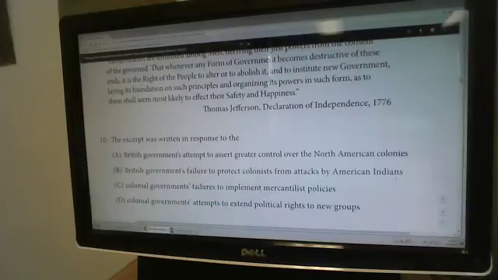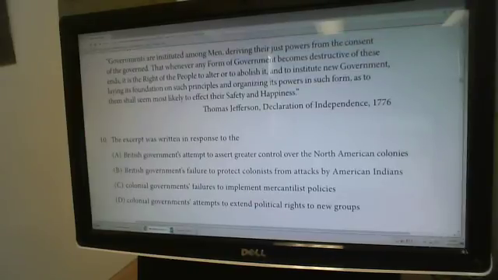What would you choose for that answer if it happened to be on your test? Which one? D? Okay, why? Because Thomas Jefferson is basically saying that we should change our government into a republic, and that if it violates the rights of people, then we should abolish it.